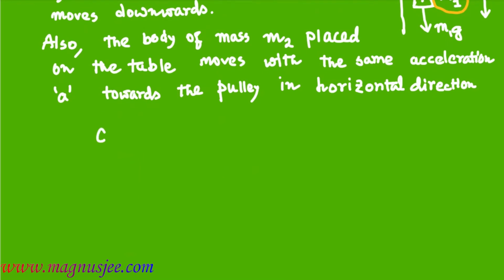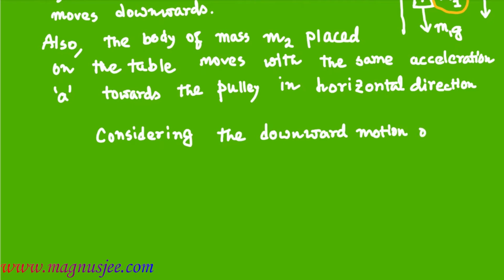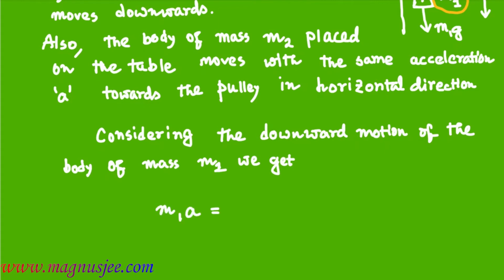Considering the downward motion of the body of mass m1 which is suspended by using the string, and the string passes over the pulley, we get net downward force acting on m1 is m1a, mass into acceleration, which is m1g minus T. m1g is the weight which is acting downwards, and T is the tension which is acting upwards.